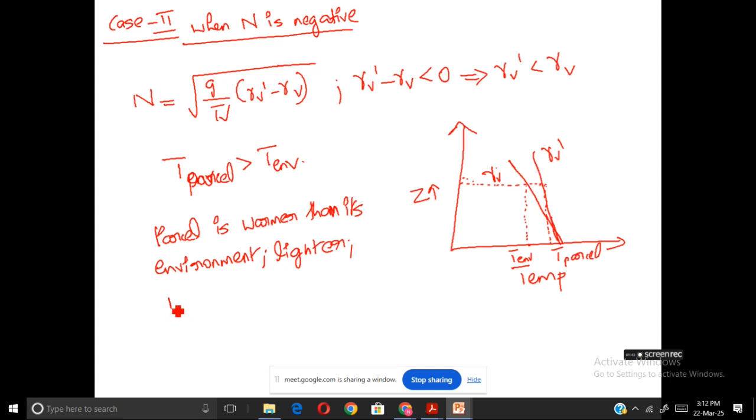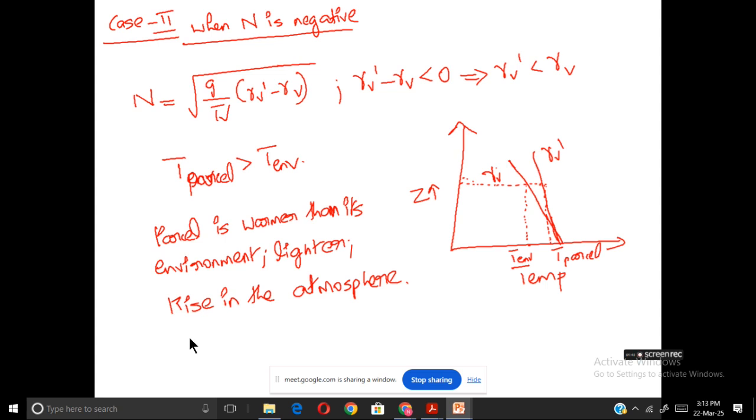If it is lighter, the parcel will rise in the atmosphere. So the parcel will rise in the sense if the parcel is displaced from its initial position, it will keep on moving in the displaced direction. So this is basically an unstable condition.